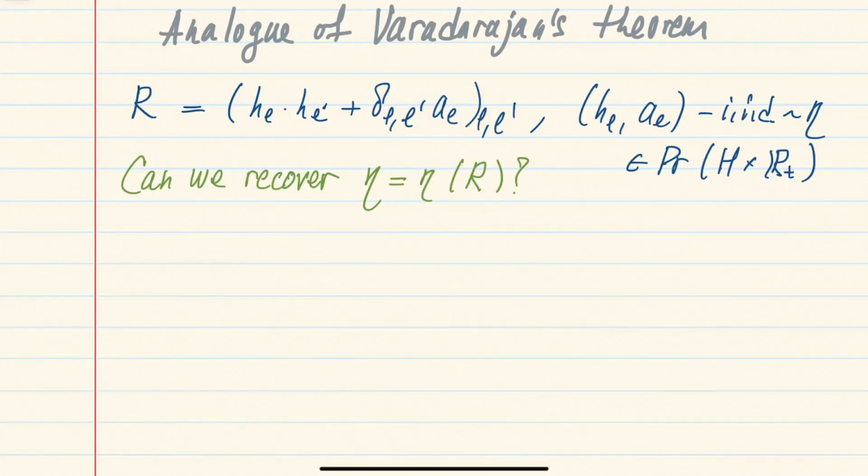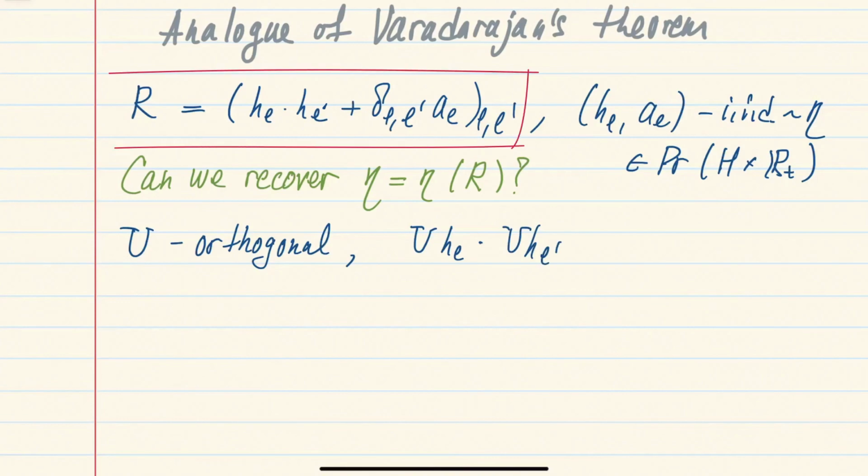But if we look at this for a second, we can see that actually it's not possible to recover this measure, because if you take some orthogonal operator on your Hilbert space, if you apply it to this sequence H_L, it will not affect this representation, or it will not affect the scalar products. This means that the best we can hope for here is to recover our measure only up to orthogonal transformations on the marginal on the Hilbert space. And that's exactly what this analog of Varadarajan's theorem says here.